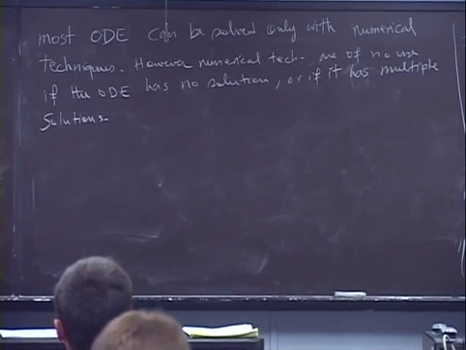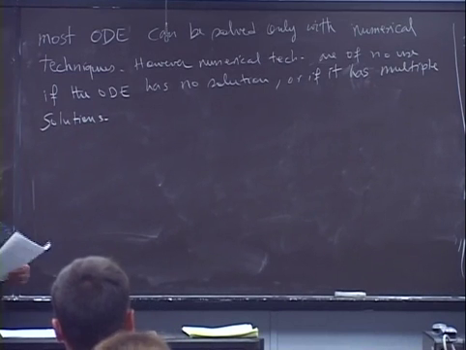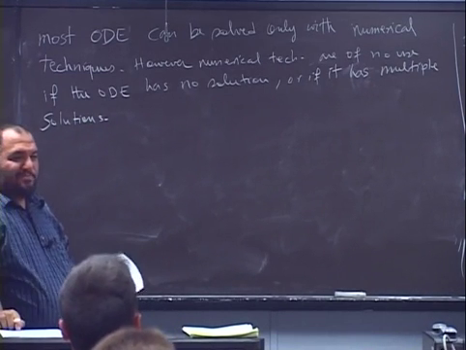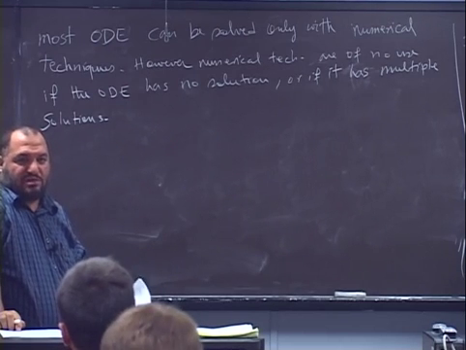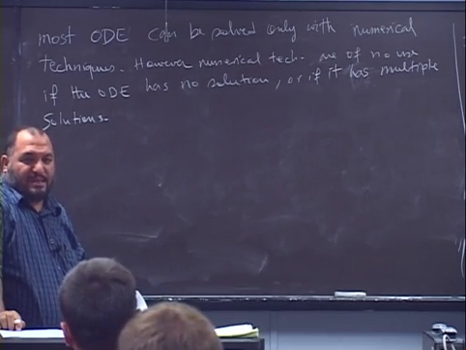So we need to determine under what conditions the ODE has a solution or not, and if this solution is unique or not. What do we mean by unique solution?